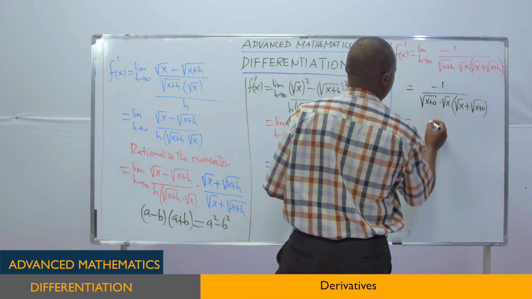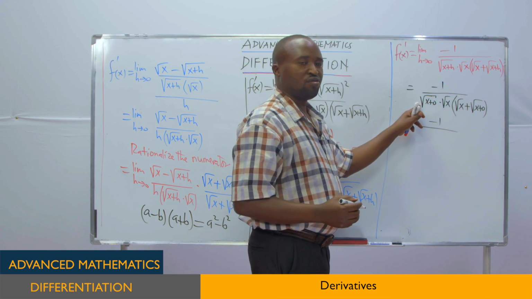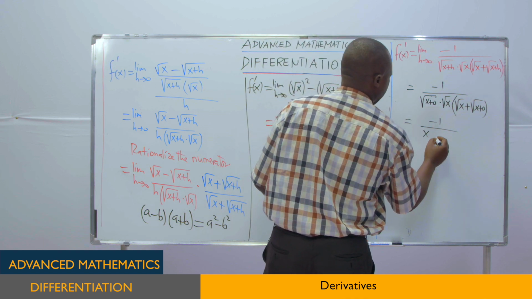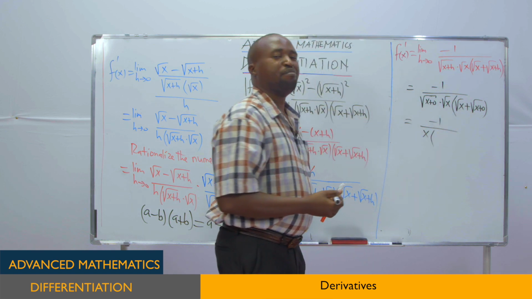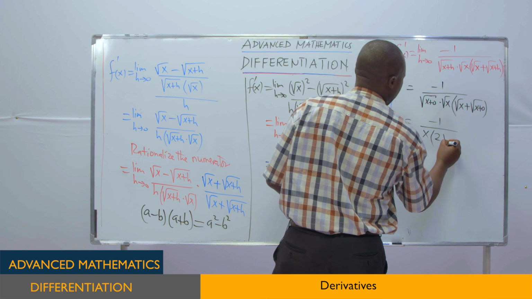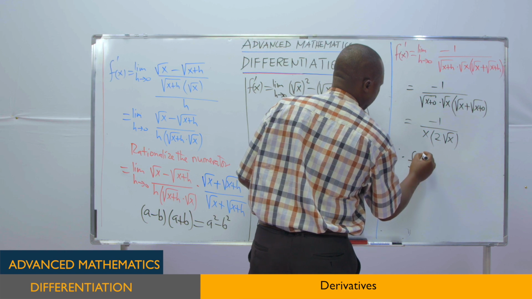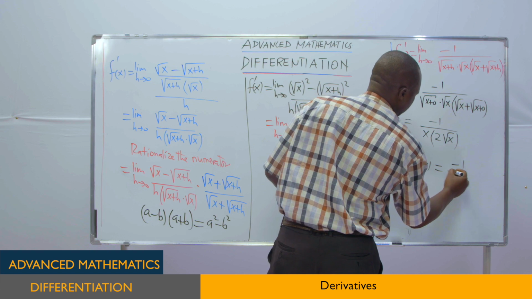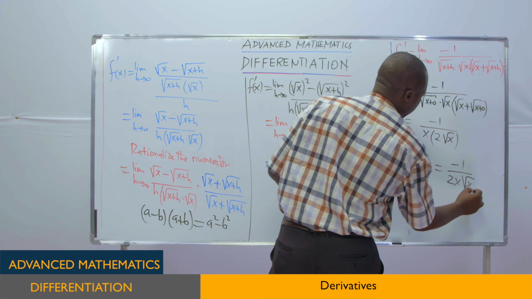So we have negative 1 over square root of x times square root of x, that is x. Then we have square root of x plus square root of x, that is twice square root of x. Therefore, f of x dash is equal to negative 1 over 2x, then square root of x.